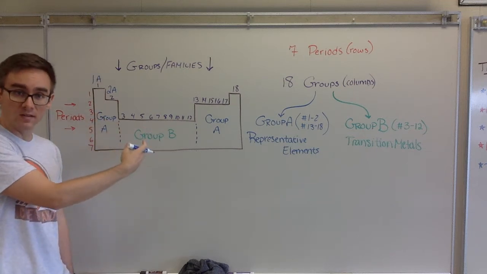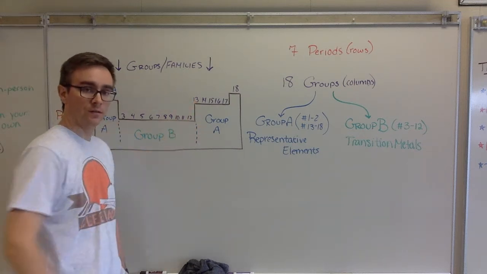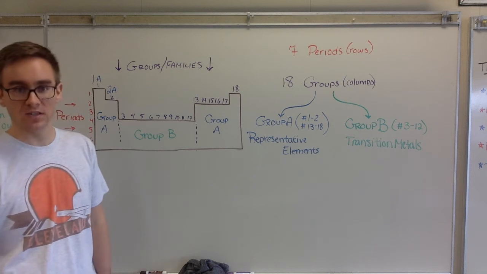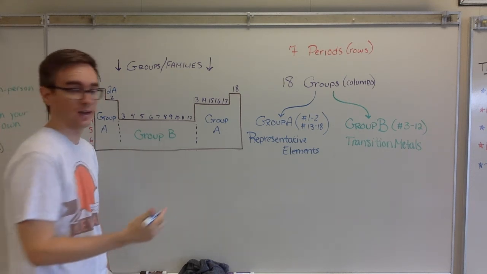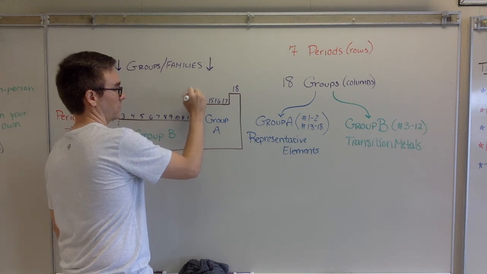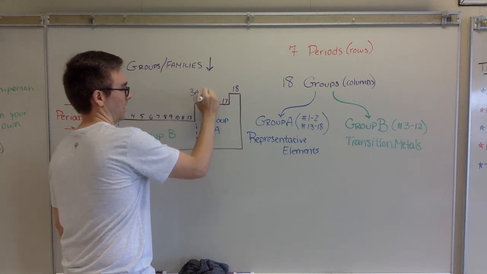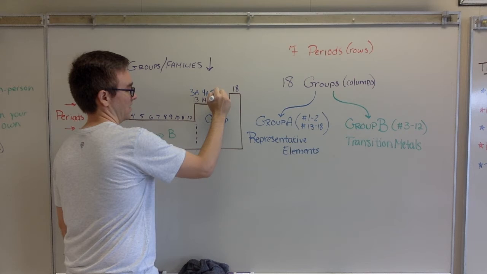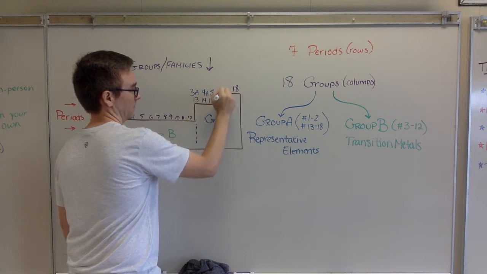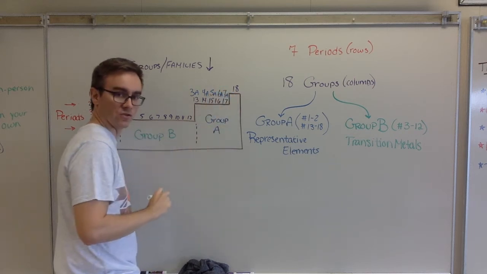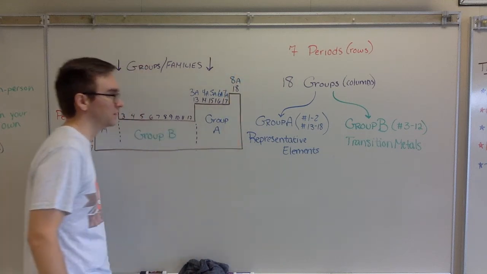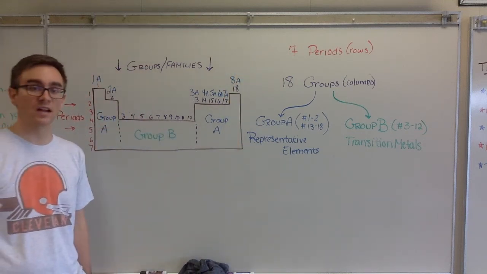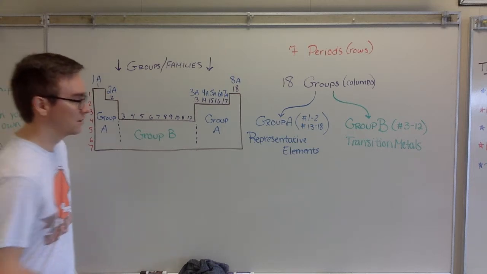Now we skip the valley because those are group Bs. 13, it's not 13A, it's not the 13th group A, it's the third group A. So it's 3A, and 4A, 5A, 6A, 7A, and then finally group 8A.